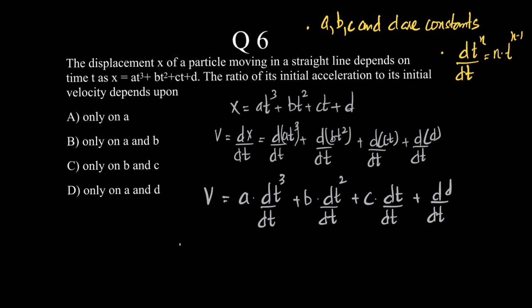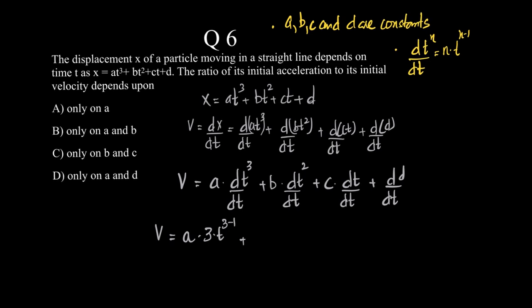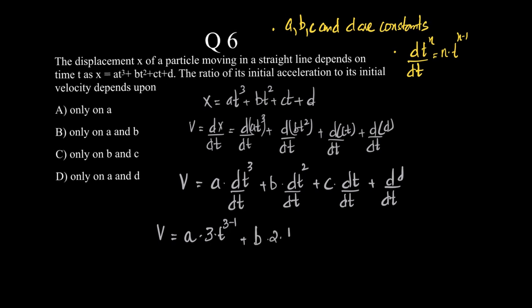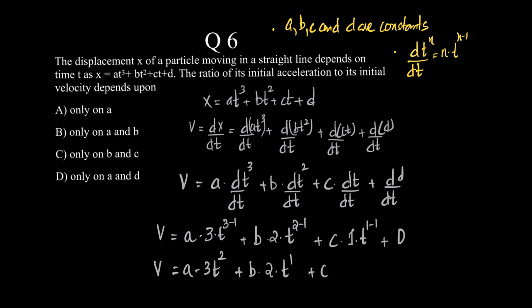Alright. So if we apply these two, we get a into 3 into t raised to 3 minus 1 plus b into 2 into t raised to 2 minus 1 plus c into 1 into t raised to 1 minus 1 plus 0, because the derivative of a constant is 0. So v becomes a into 3 into t square plus b into t raised to 1 plus c into t raised to 0 plus 0.